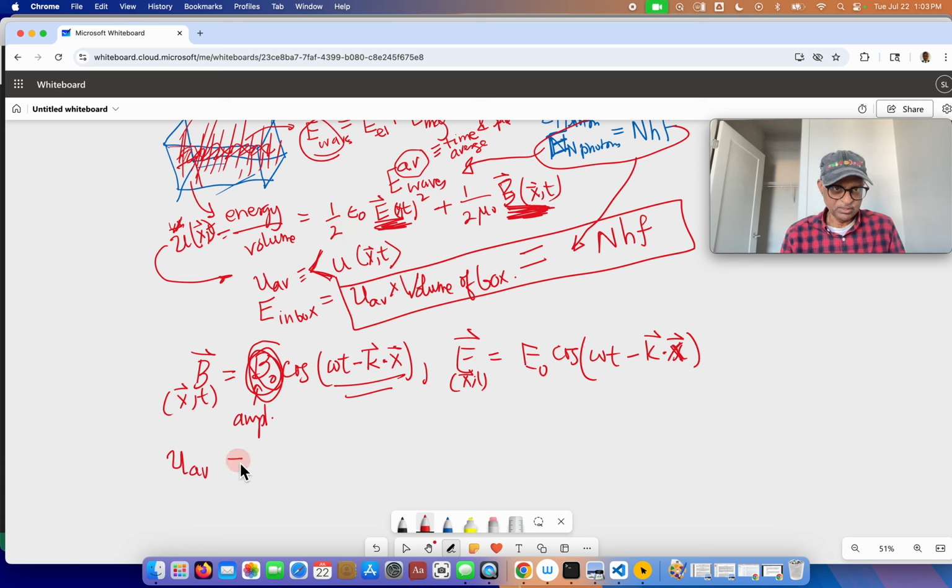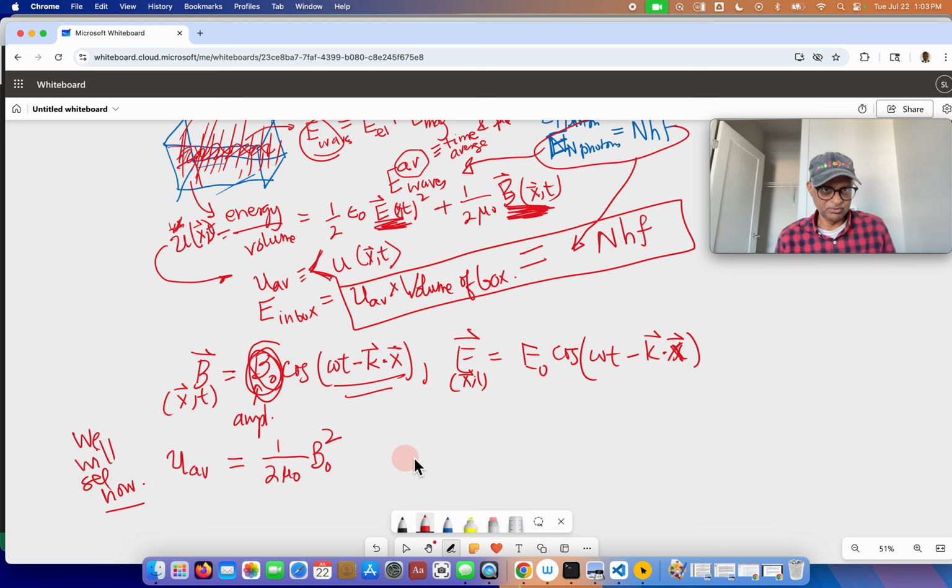After you work it out, it turns out to be 1/2 mu naught B0 squared. We will see that at the end of this video. Take it for granted from me that that's the answer. When you add these two terms, you end up here, because you can convert the electric field to the magnetic field.